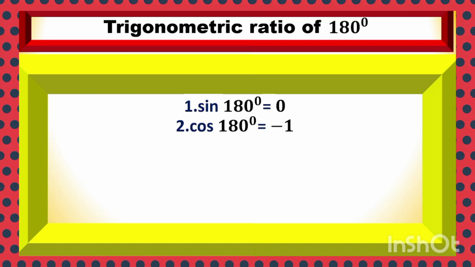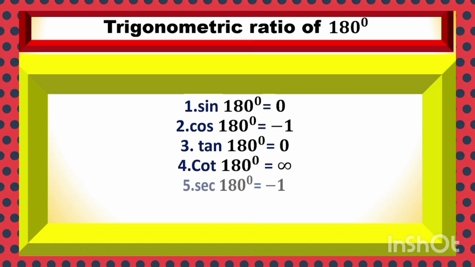You know cos 0 degree is 1 but cos 180 is minus 1, you just put a minus sign. Tan 180 0, cot 180 degree not defined, sec 180 minus 1, cosec 180 not defined.